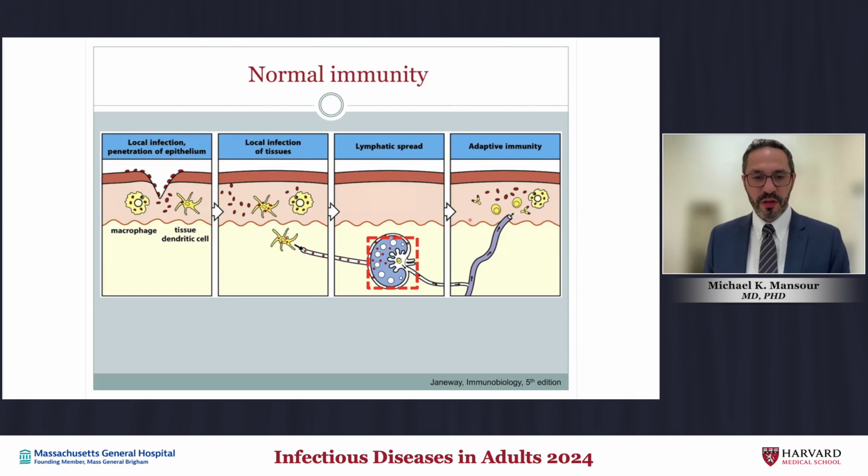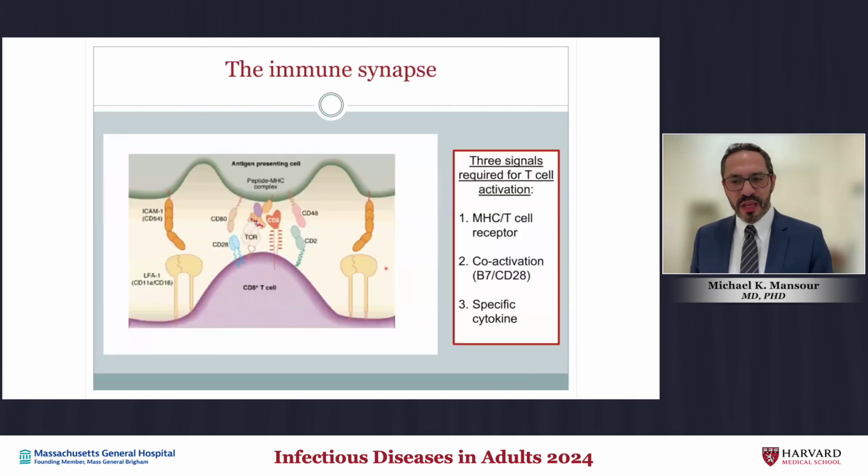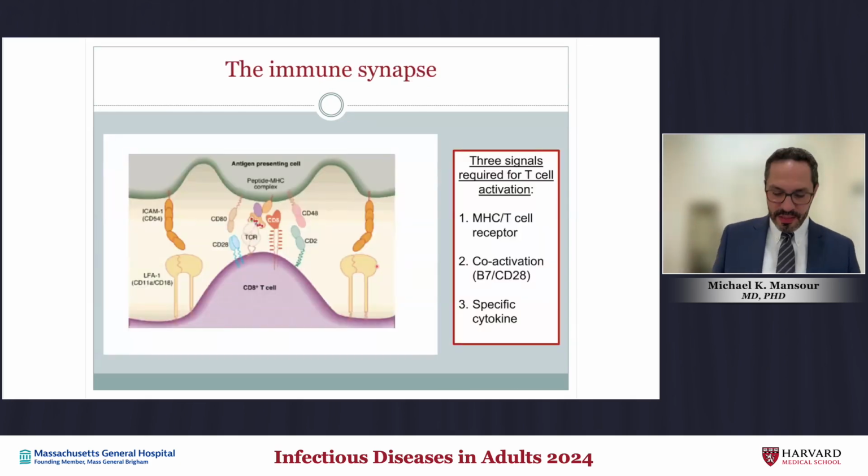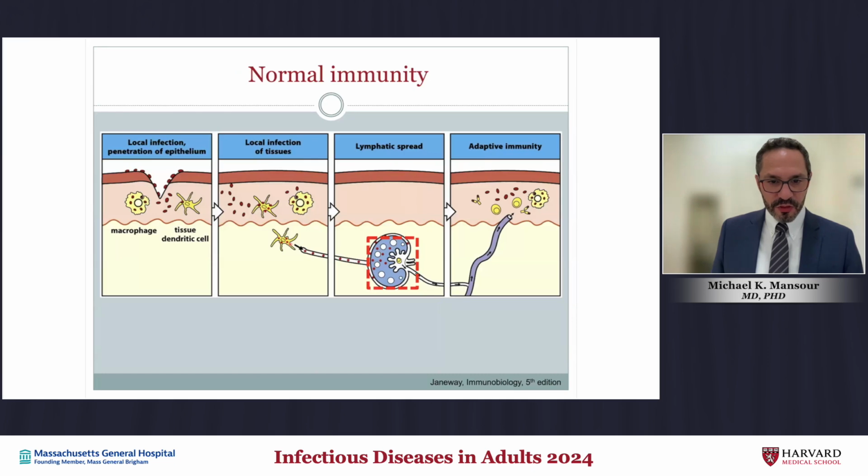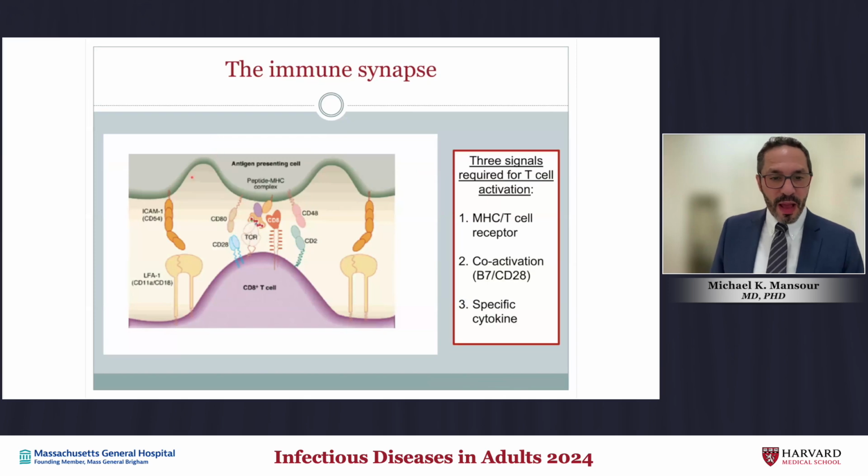So this is from rapid, fast response all the way to weeks later having that adaptive immune response in one sort of pictorial example. So what happens when this dendritic cell drains to the lymph node and it's trying to find that very specific T cell? What happens there is something called the immune synapse.